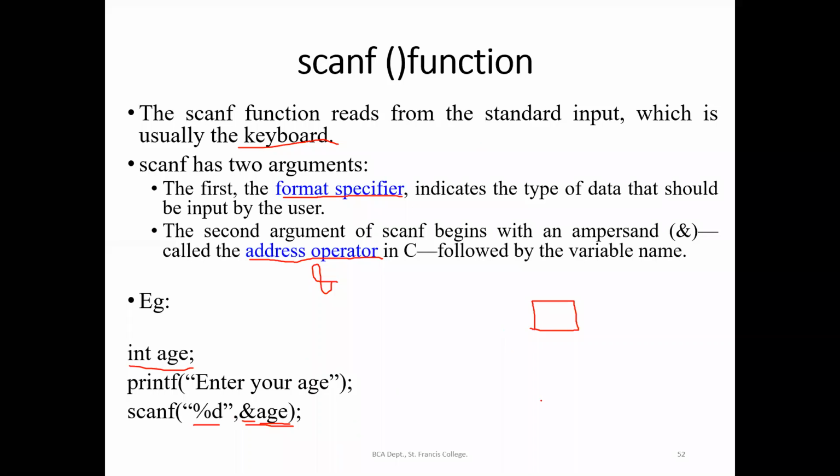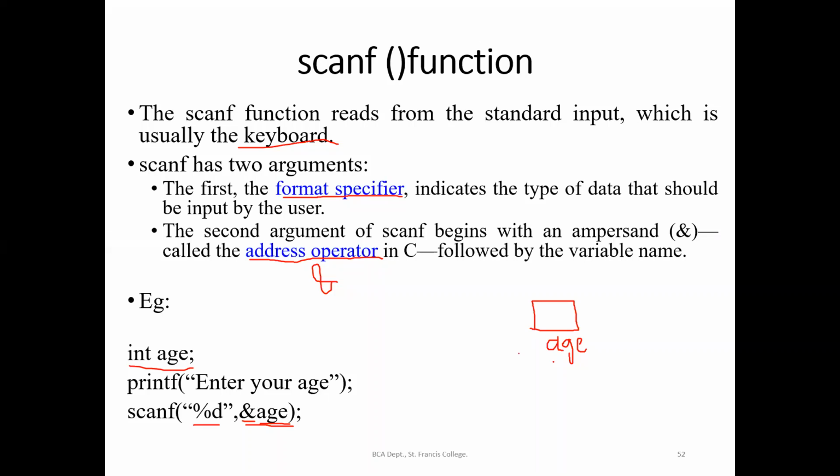So when I'm declaring a variable, listen here, the name of the variable is age, right? It will be allocated 2 bytes in memory. 2 bytes means 16 bits. So the name of that location will be age.